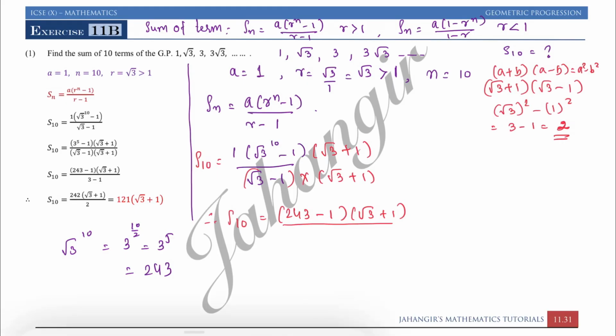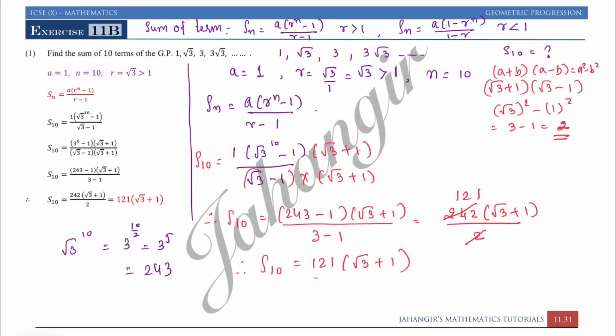In the numerator we will get 242 because 243 minus 1, into root 3 plus 1 upon 2, cancels out to 121. So therefore S10 is equal to 121 into root 3 plus 1.